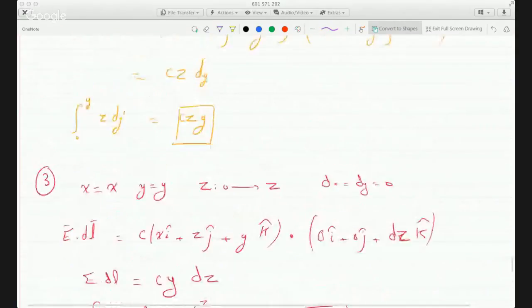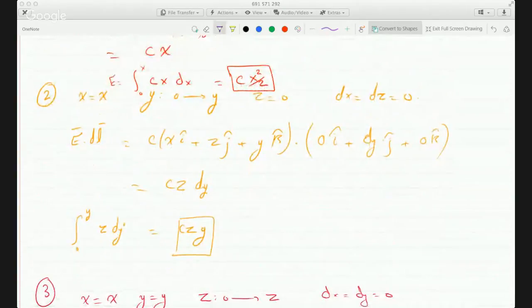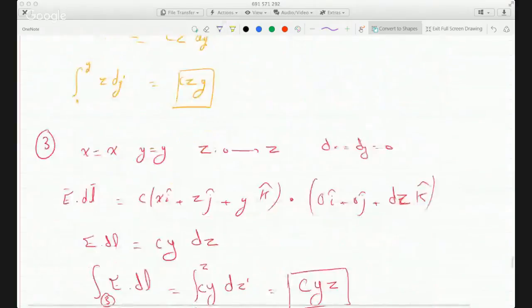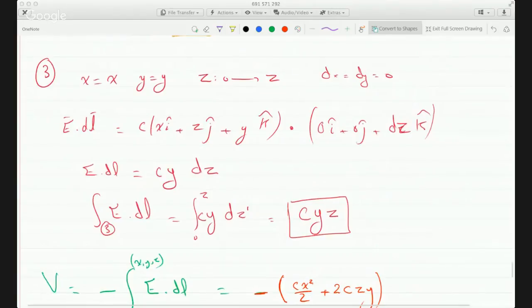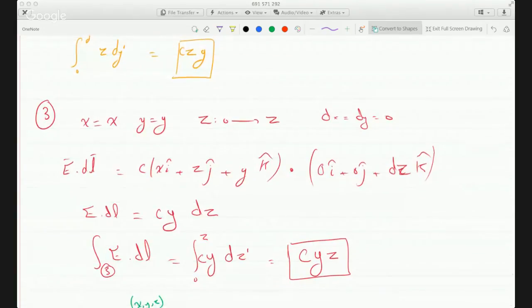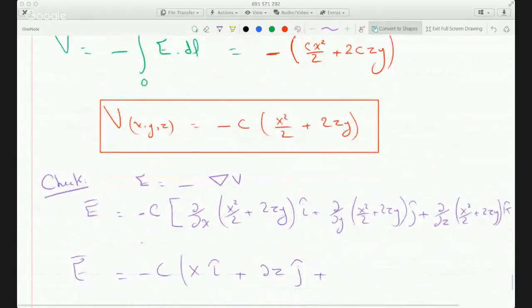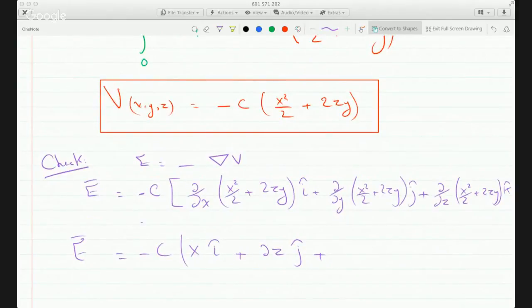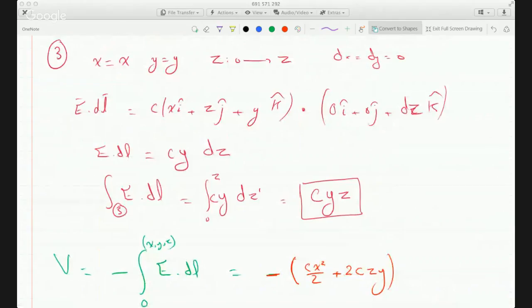Something isn't right. The electric field was, oh yeah, because here that's right.